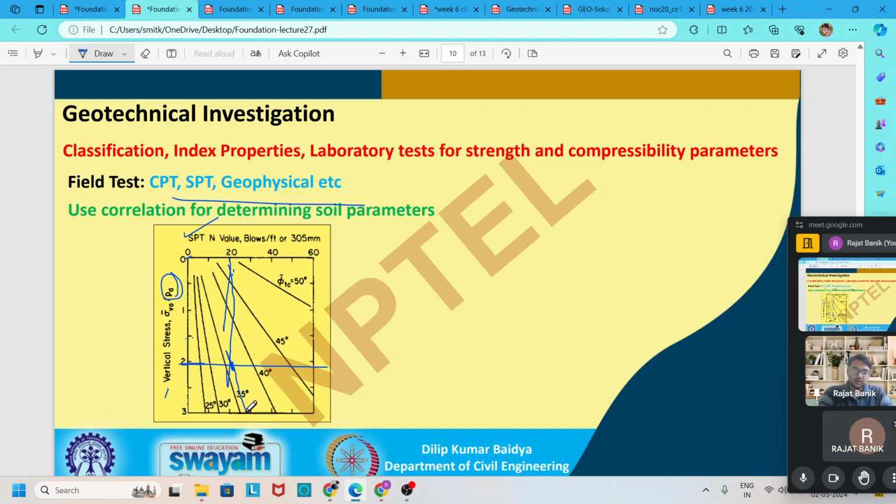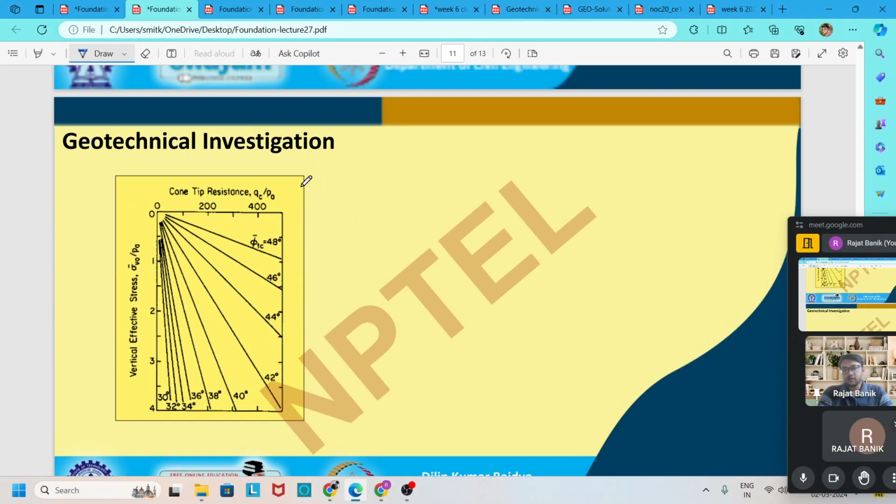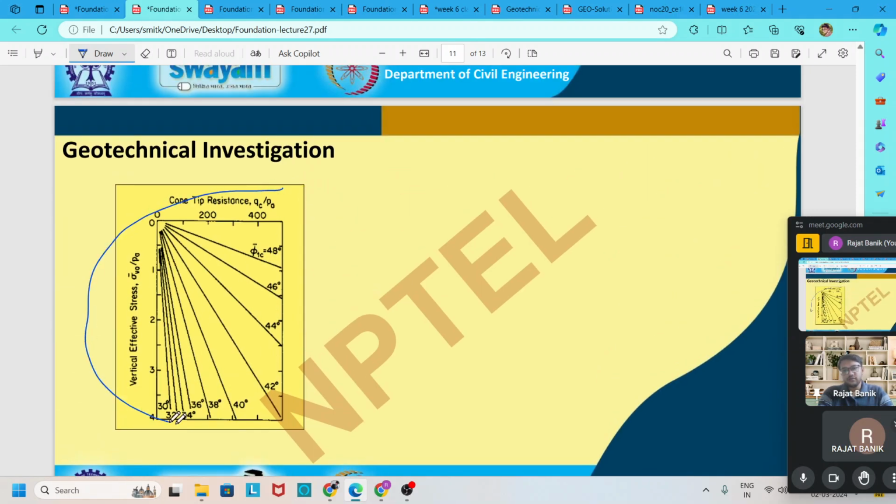That means it is almost 36 degrees. So I can say that our phi is 36 degrees for this type of soil. The same type of plot is given for cone resistance in the cone penetration test, the CPT, where we can also find phi.